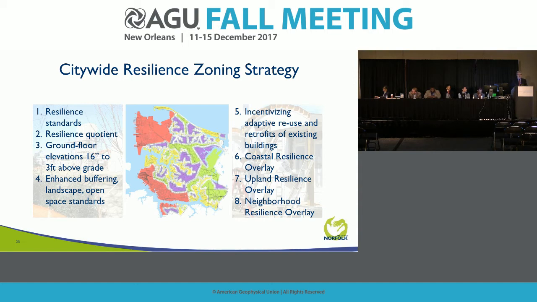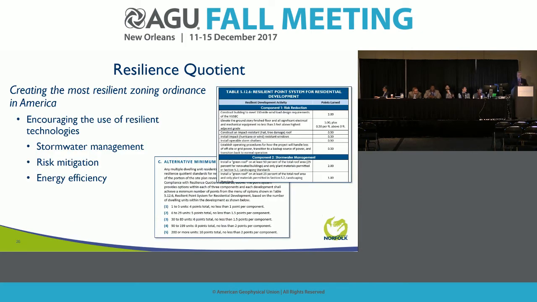It includes various strategies. Again, all the slides are available to you, and I knew I was going to run short on time. Probably the most interesting thing we have is the resilience quotient, which is a point system that is now going to be required for all new development and redevelopment in the city, where people are going to have to focus on the resilience impacts of their proposed development.